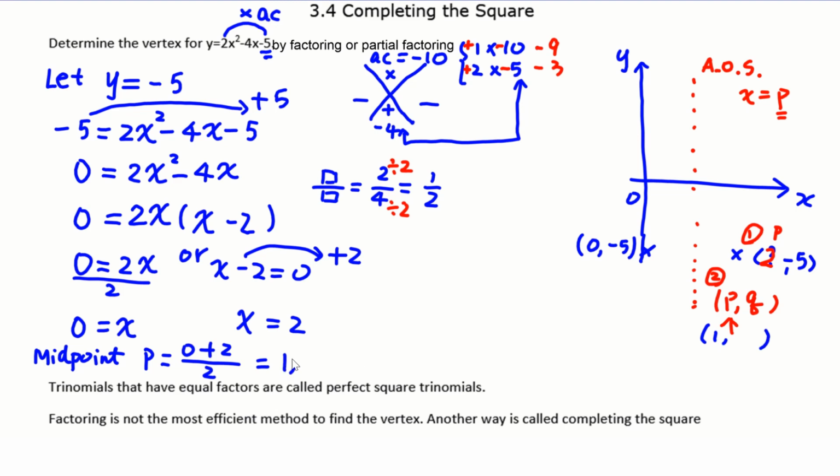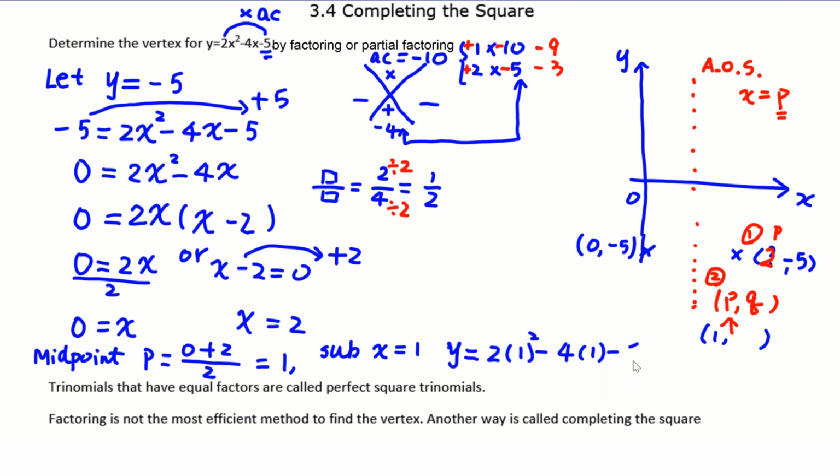Whenever you have the x value and you want to find the y value, it is substitution. Sub x equals 1 into the original equation, then you are able to find the vertex. You must make sure you sub into the original equation. So y equals 2 times 1 squared minus 4 times 1 minus 5.